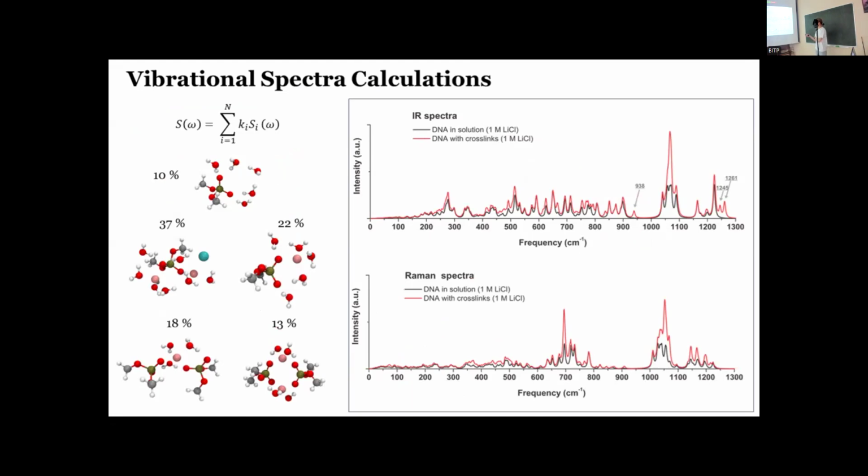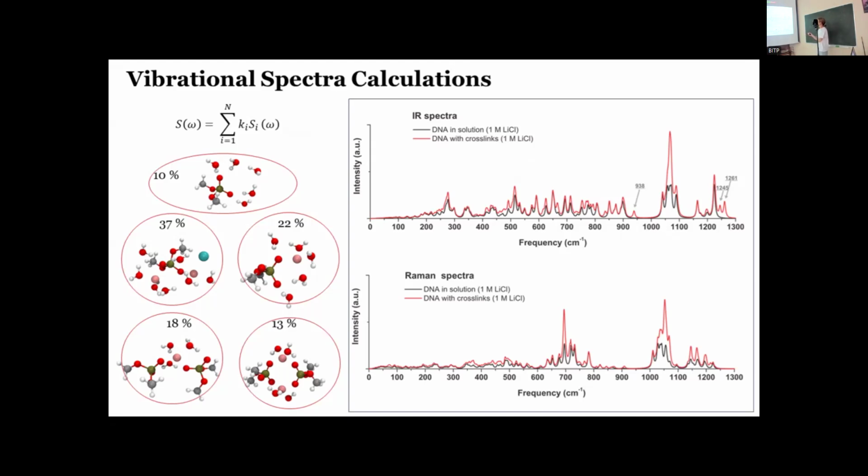Then we selected only the complexes that we observed in the molecular dynamics simulation and combined their spectra to obtain the characteristic model spectra of DNA in lithium chloride solution. The contribution of each complex was evaluated depending on its population over the simulation trajectory.